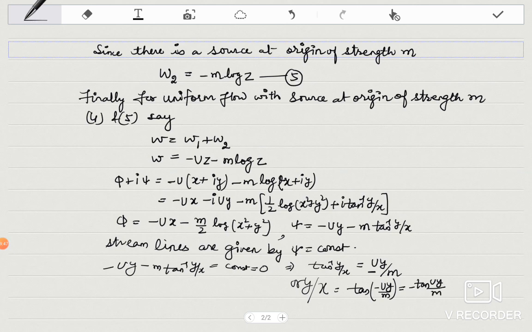Again solving, you may get x, or you may get an expression in terms of y.